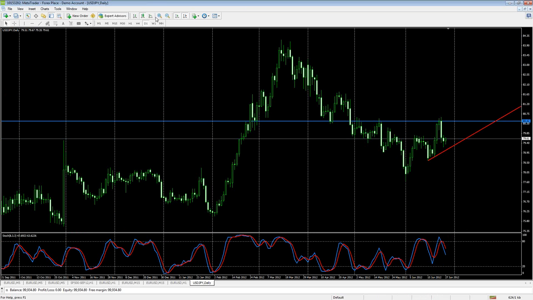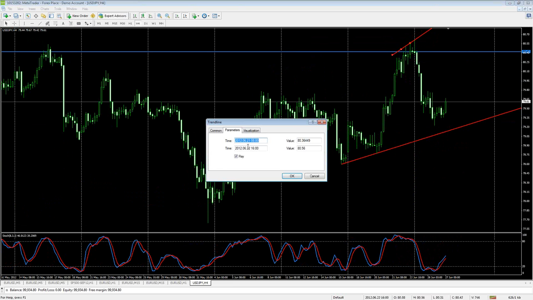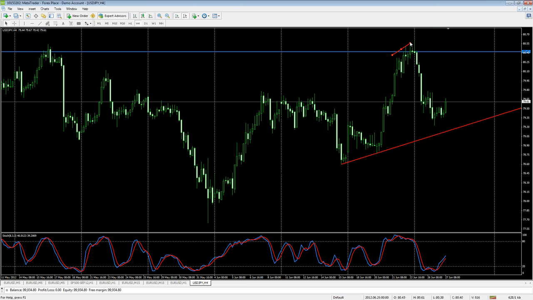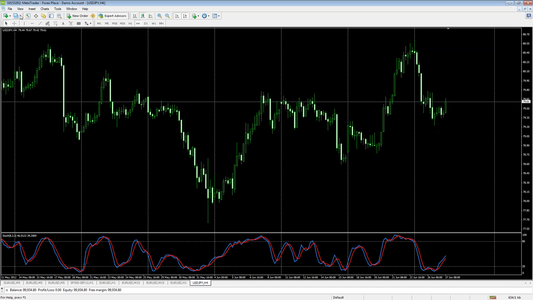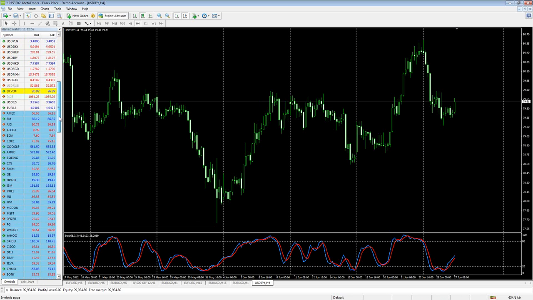Here there is a slight divergence, a small divergence here and here too. You can see these peaks going up with these long wicks, but the stochastic is giving us a hint of divergence. So just pay attention to these warnings or signals when you trade, and let's just take a look at the S&P in general.